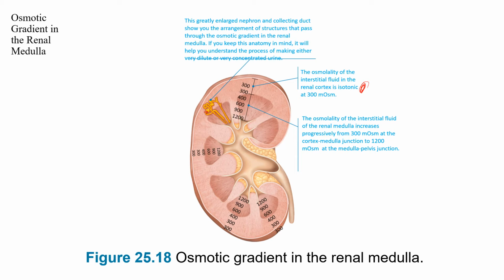Whereas as the loops descend into the medulla, we see that milliosmoles are going to move from isotonic at 300 up to 1200 milliosmoles. And notice that this is going to be where the papilla of the renal pyramid is.